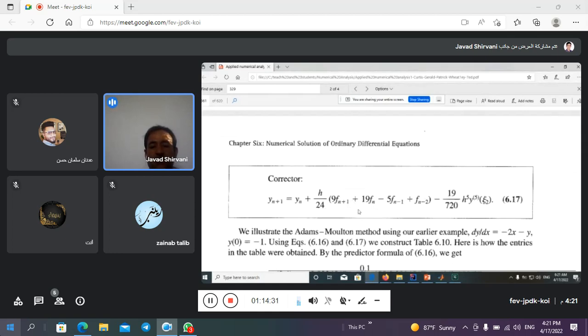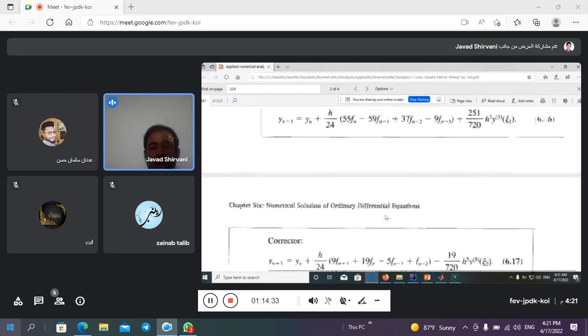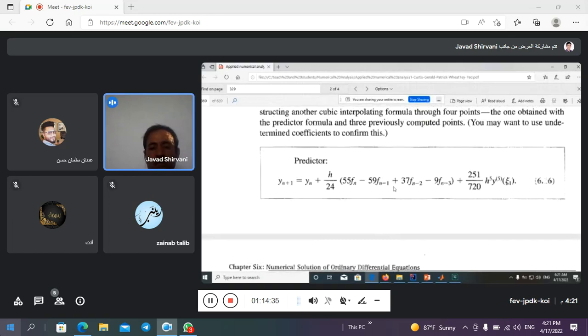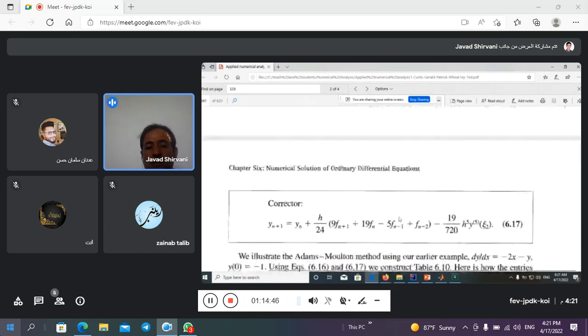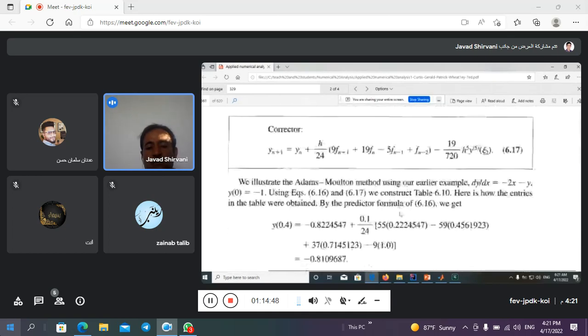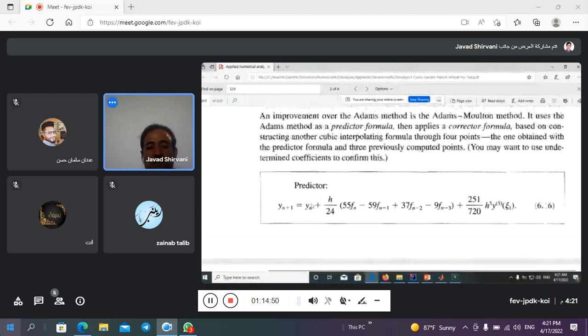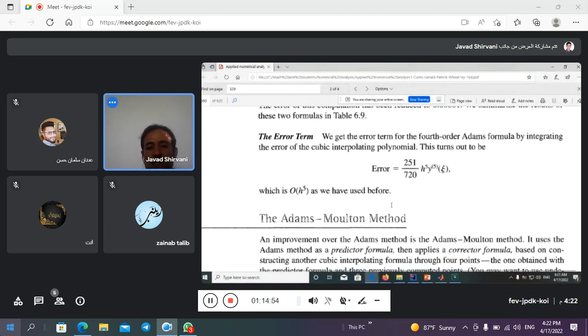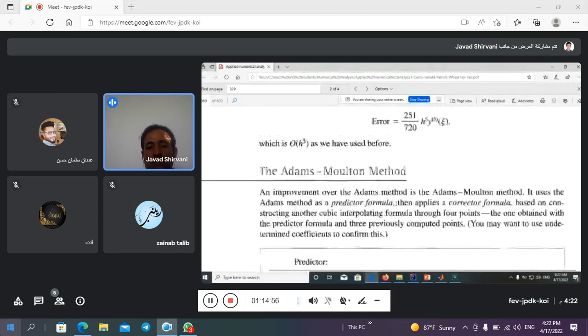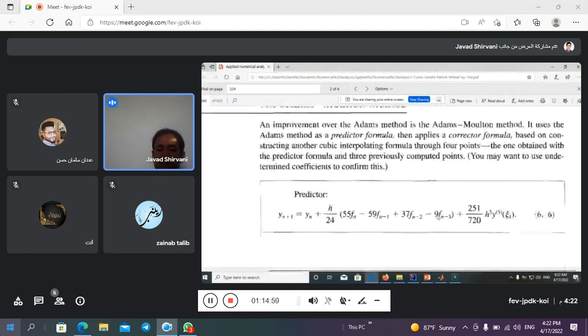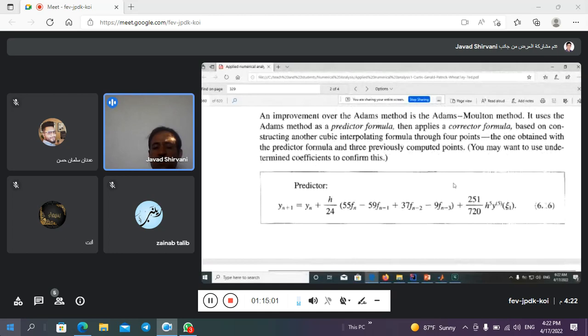We don't have the Fn plus 1 at first, and to obtain it we get Yn plus 1 from the predictor, then use Yn plus 1 and Xn plus 1, putting them in the function f of x and y.